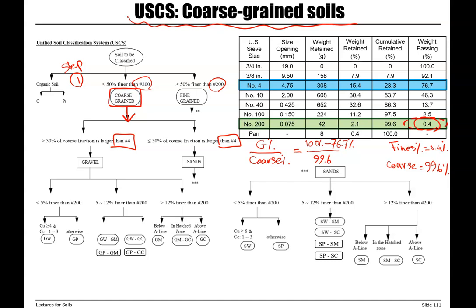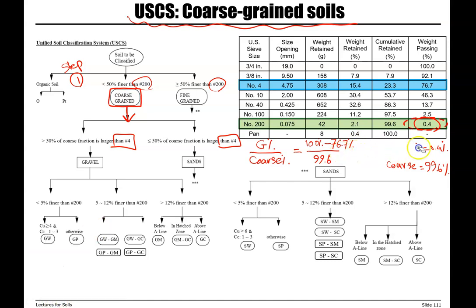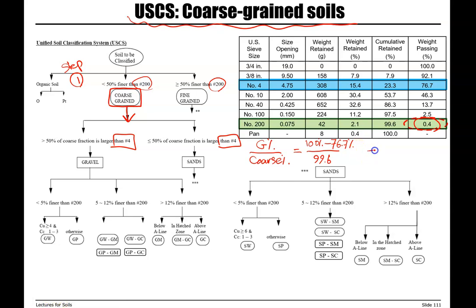100 minus 76.7, so we have 23.3% gravel in 99.6% coarse. 23.3% of the 99.6% is gravel.